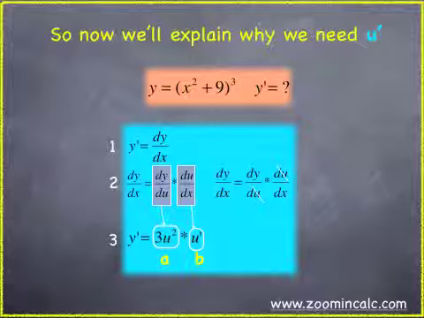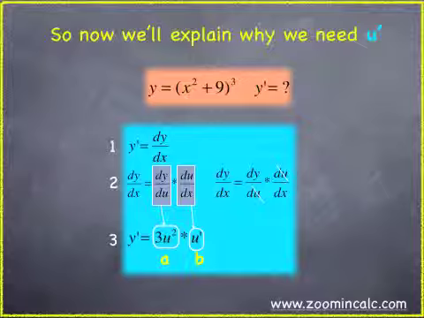If you go to item 3, it's made clear what dy du is. In our problem, dy du was 3u squared. In other words, it was the derivative of our function with respect to the u variable. And then du dx, part b, is another way of saying u prime.